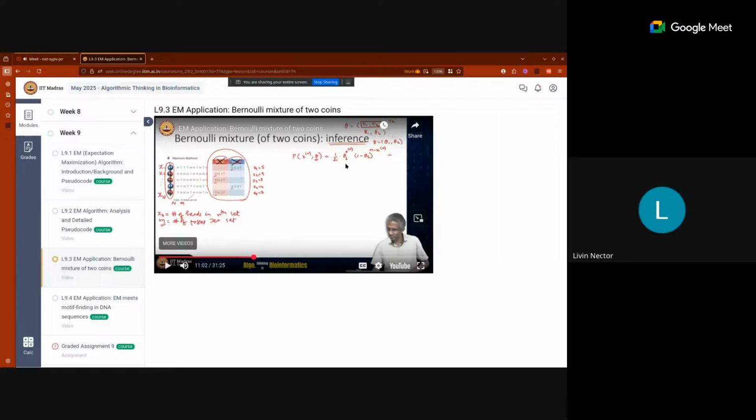For the two coins. And theta 1 is the probability of heads for the first coin. And this is the binomial probability, where we multiply by the number of heads and the total number of tosses. So this gives us the posterior probability.